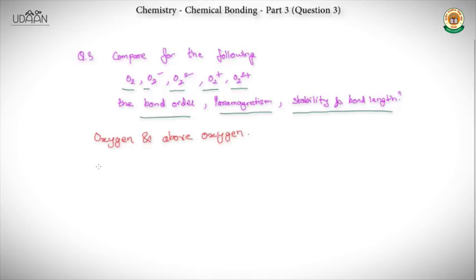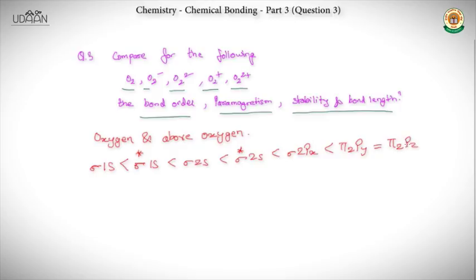Yeah. Now, the formula for it is sigma 1s, sigma 1s star, sigma 2s, sigma 2s star, sigma 2px, pi 2py equal to pi 2pz.